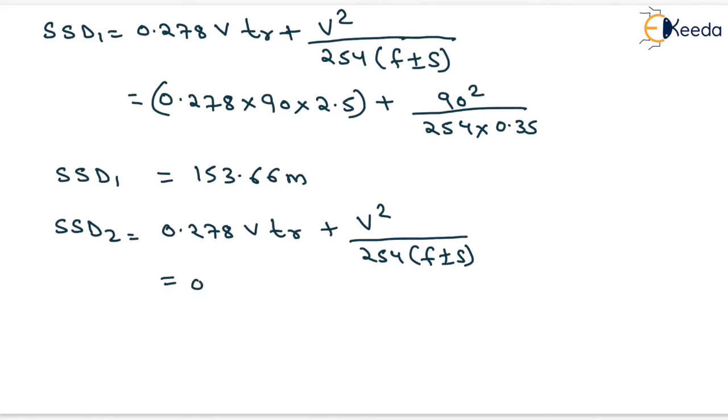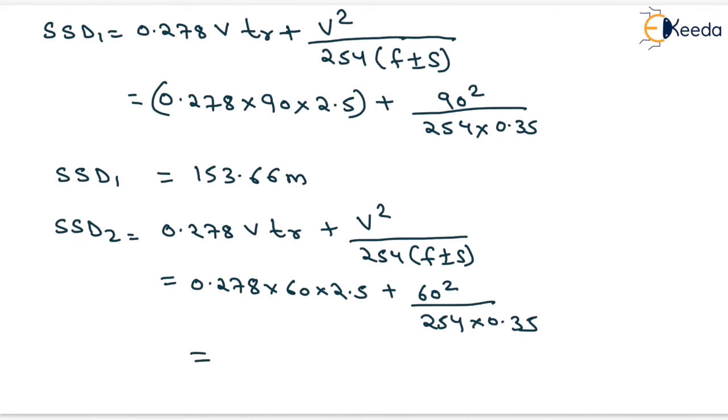So it will be equal to 0.278 into 60 into 2.5 plus 60 square upon 254 into 0.35. After solving this, we will get the value as 82.2 meters. That will be the SSD2.